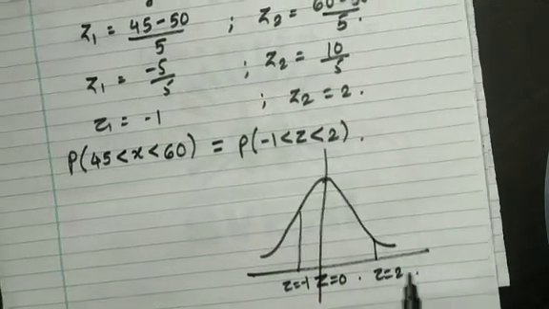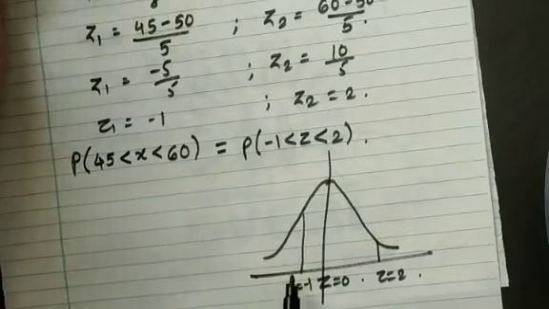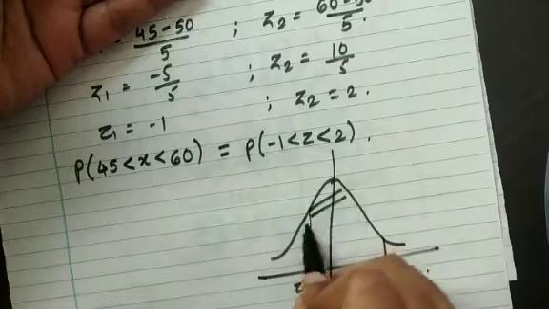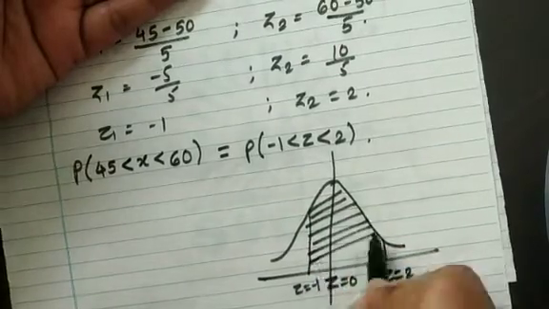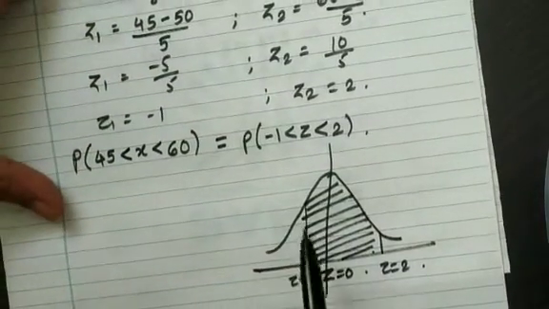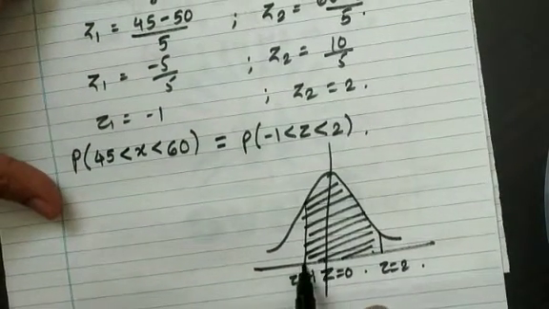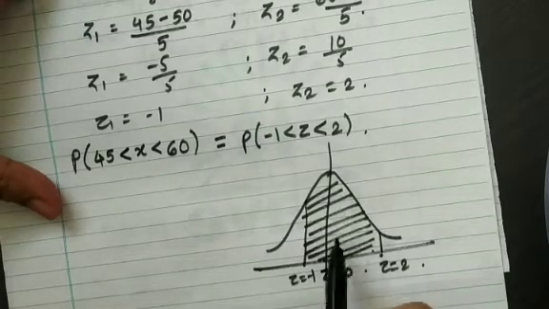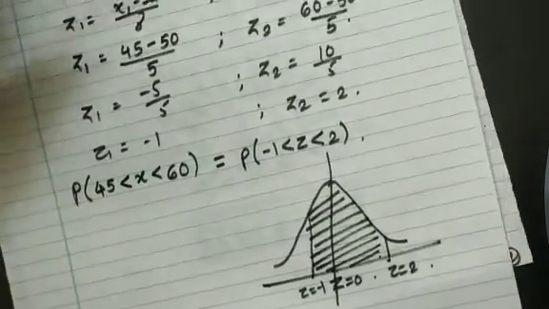Z is 2 and we need the area between minus 1 to 2, and this is the area between minus 1 to 2. We'll have to write this answer. And if we know the z is 0 to 1 area and the z is 0 to z is 2 area, we can simply add them and we'll get the answer.